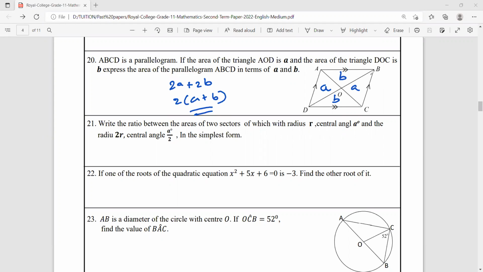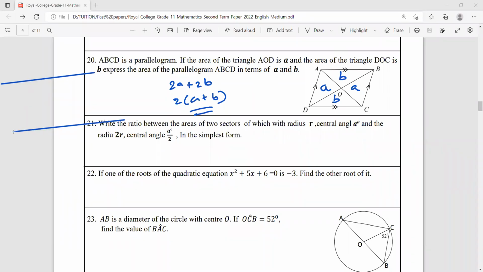You can show that in geometry with the theorem that the area of the triangles between the same parallel lines and with the same base are equal. Something like this, you know this theorem, I think.